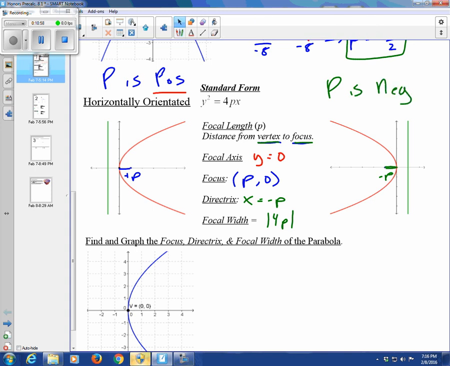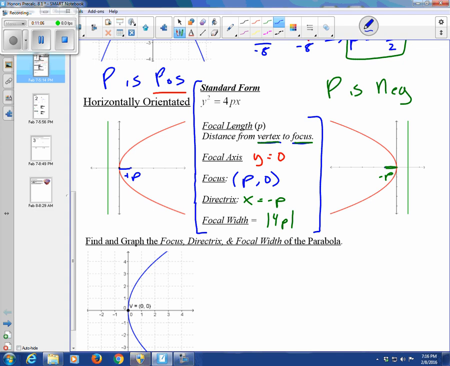Now, all of our definitions hold for a horizontally oriented parabola with its vertex at the origin, whether our p is positive or negative. And what we'll see play out is that a negative p-value is going to change where the focus and the directrix are on the xy axis.